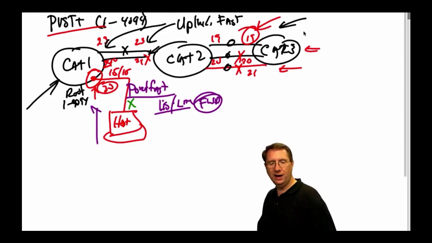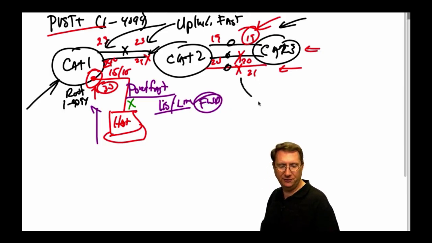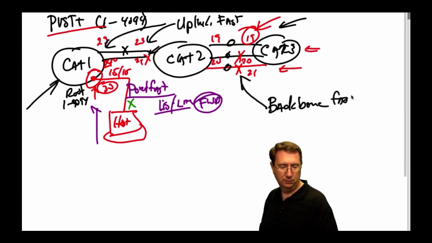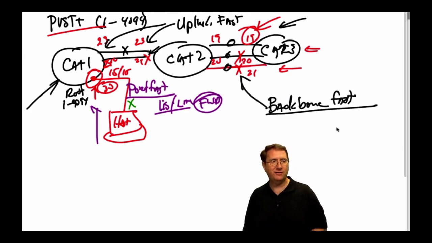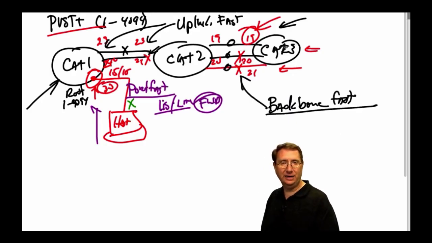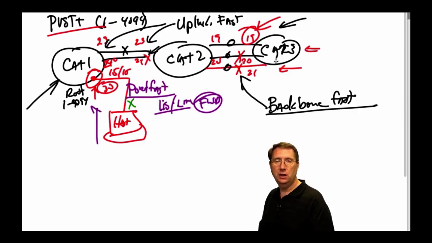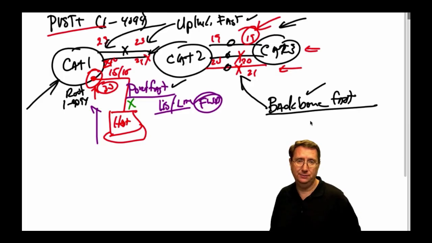So we're also going to have another feature that Cisco created called BackboneFast. BackboneFast allows an indirect link failure to be optimized with regard to reconvergence on devices upstream or downstream from where we are in order to be able to reach the root bridge. So the technologies we have are PortFast, UplinkFast, and BackboneFast.